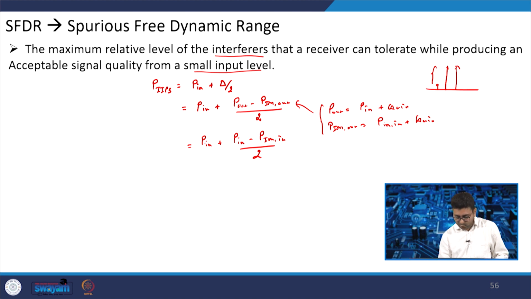So, if you take 2 here, you will get 3 P in minus P IM in by 2. So, your input maximum power P in is 2 P IIP3 plus P IM in by 3.